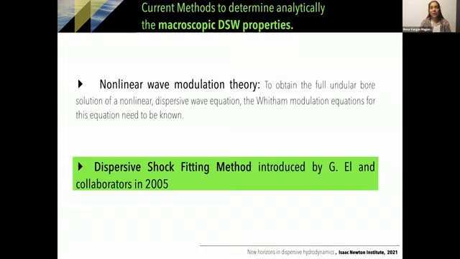But this is only possible for integrable systems, and in other cases, El and collaborators in 2005 introduced a method for the description of the macroscopic properties of the bores in these two edges, the solitary limit and the harmonic limit.